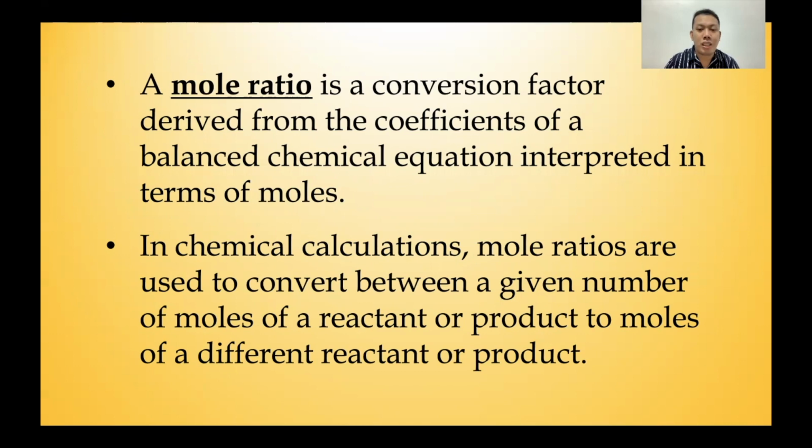In chemical calculations, mole ratios are used to convert between a given number of moles of a reactant or product to moles of a different reactant or product. So, as I've said, you have to write a correct and balanced chemical equation so that you can identify the mole ratio, because the mole ratio will tell you how to solve for the unknown in your problem.